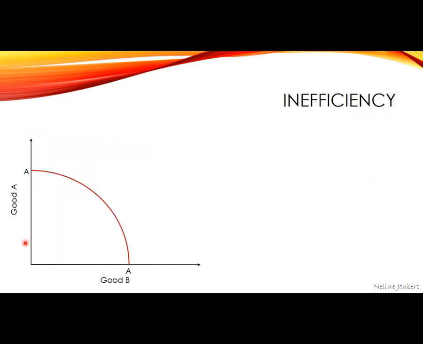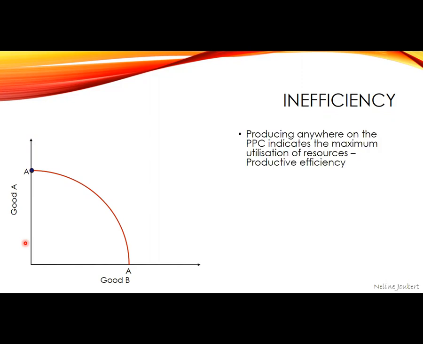How does inefficiency occur? This is a little throwback to grade 10, where we look at our production possibility curve. The production possibility curve indicates how we use our resources. And when we utilize all of our resources in a country or in a firm to produce good A, we will be able to produce a quantity of this good.